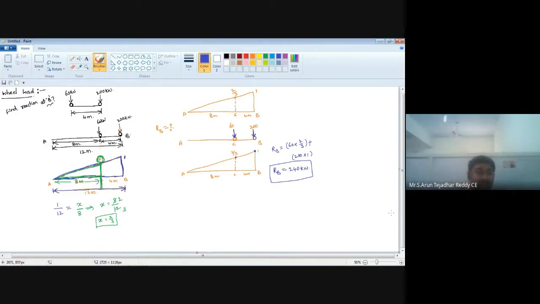Here, in each and every problem I have taken only B. Why? Because if I take point A, then again you will get confused. For that reason, in each and every problem I have considered point B only, because it is very easy for you.